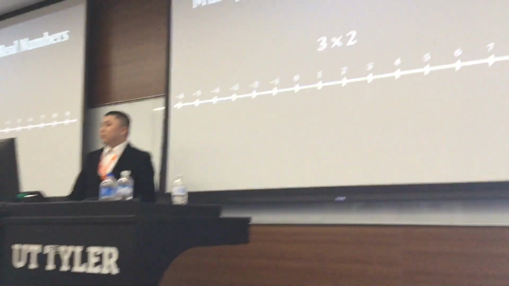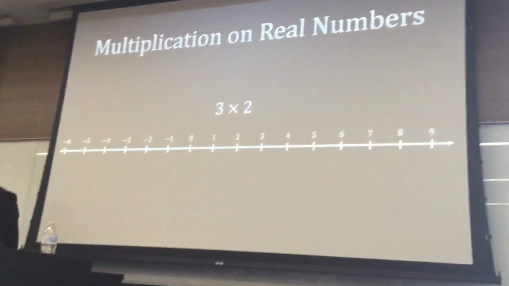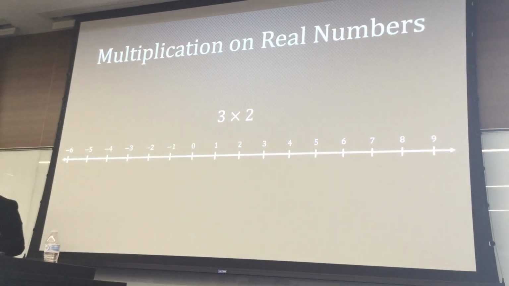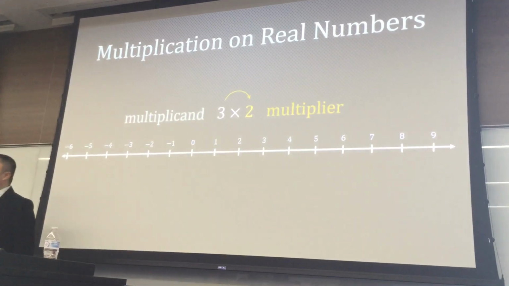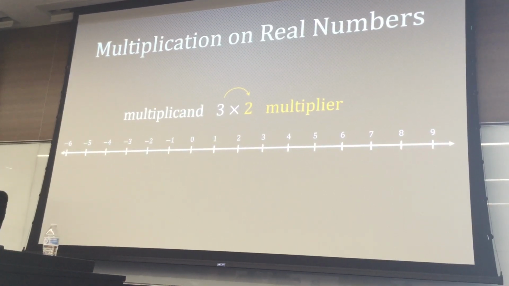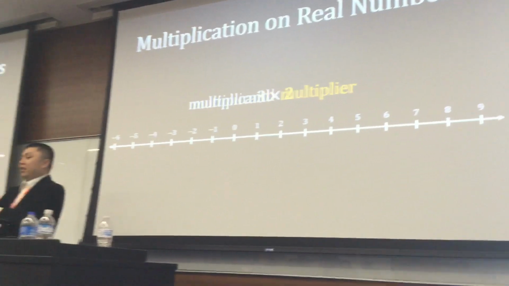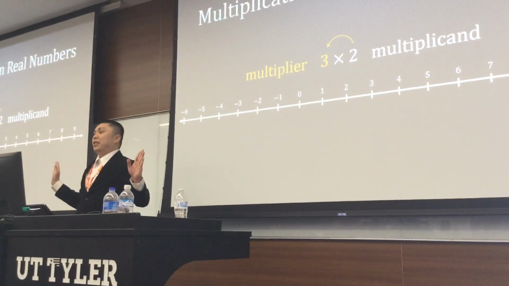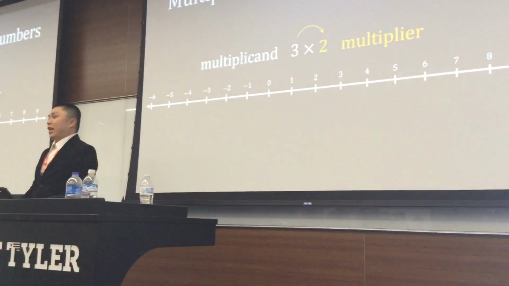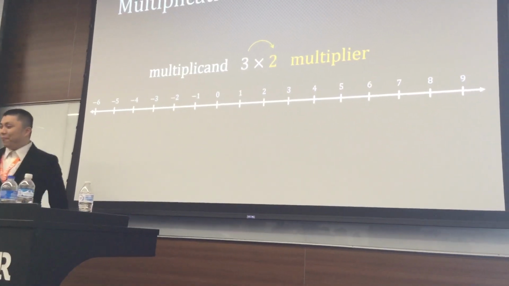3 times 2. This is a pretty easy multiplication, and I'm going to do it on a number line. First step is to identify which one is a multiplicand and which one is a multiplier. If you want to identify it the other way around, that's totally fine. I'm not forcing the order, but let me do it this way, because I'm more used to this one.